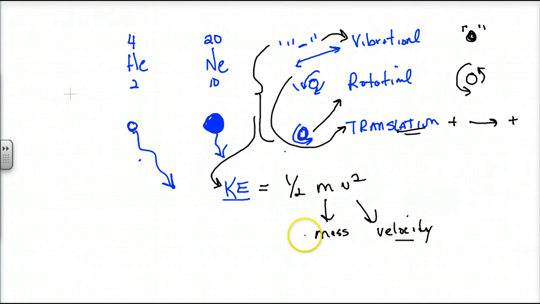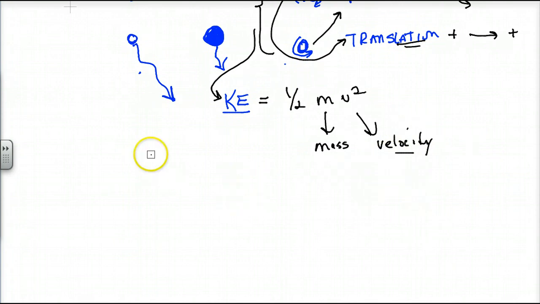So if you think with me, and let's get rid of some of these things here. We have two gases. Let's do helium. Let's do neon. Now, let's pretend they both have the same energy. Let's make this 100.